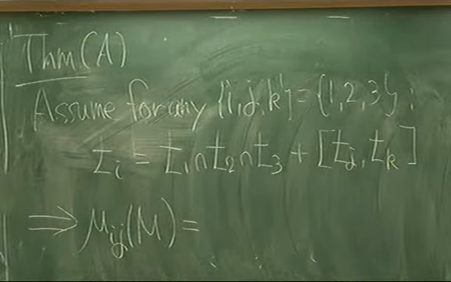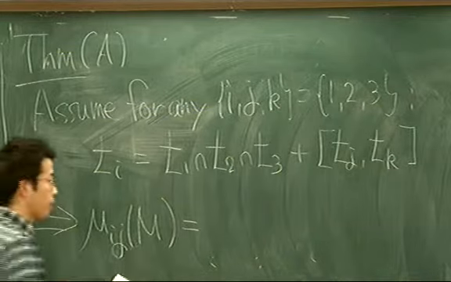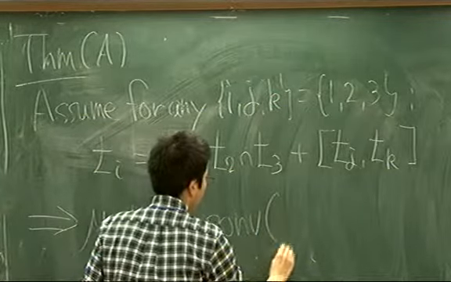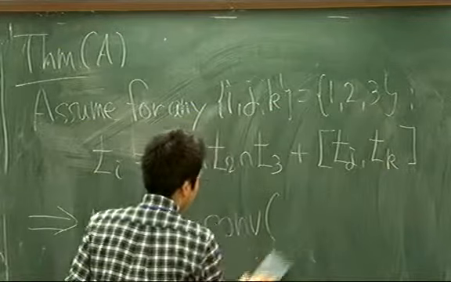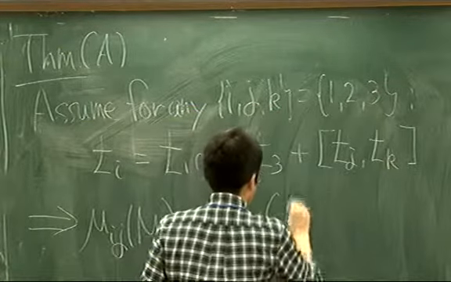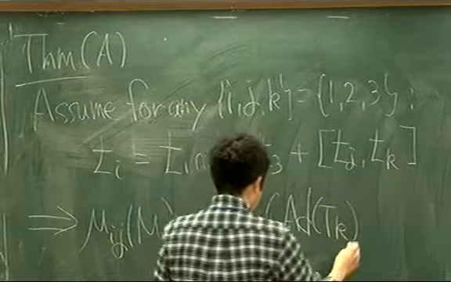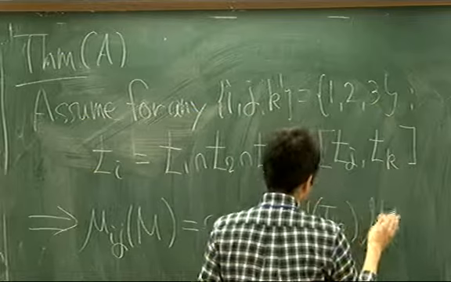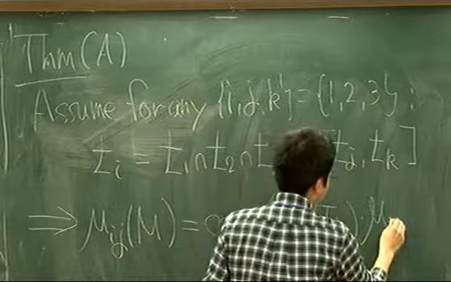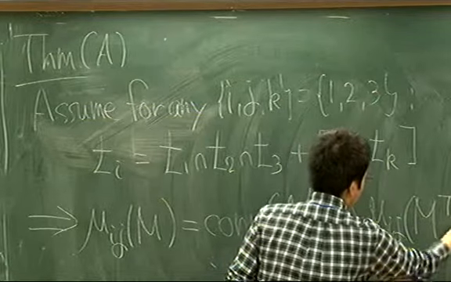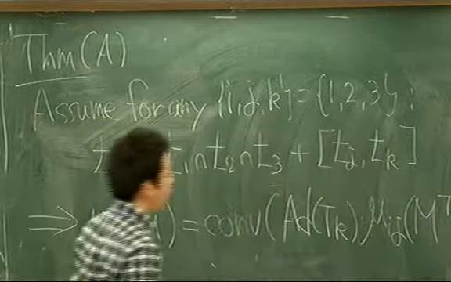The image of this composition map is convex, and is actually the convex hull of the adjoint orbit of t_k of the image of the fixed point set.